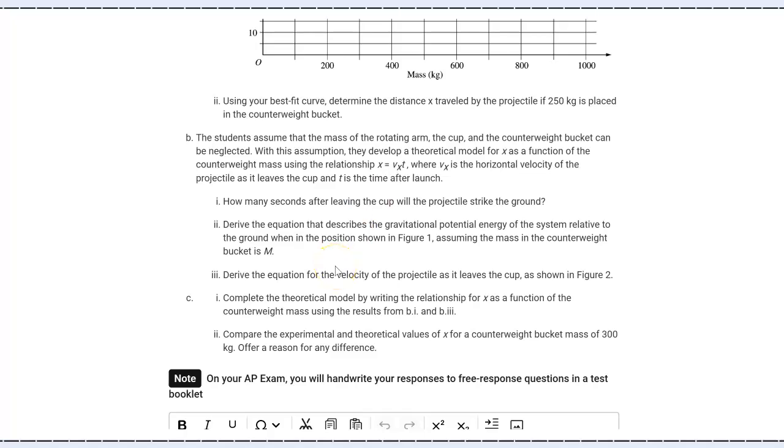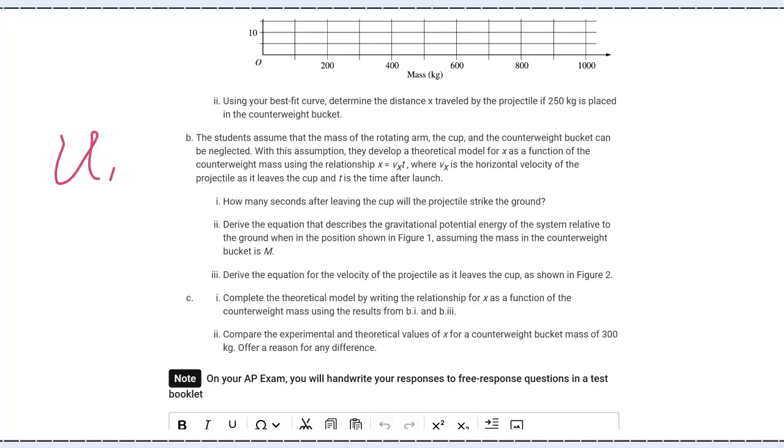Derive the equation that describes the gravitational potential energy of the system relative to the ground in the position shown in figure 1. Assume the mass in the counterweight bucket is m. So we need to calculate the gravitational potential energy of the bucket and of the projectile, sum them, and then that's going to be our formula.